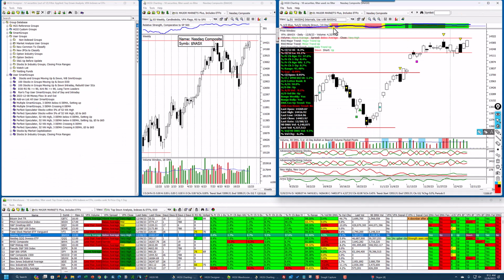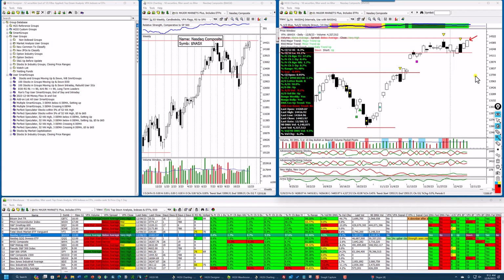I've got it up here. And you can see that what happened yesterday, I'll bring an arrow up here, is that it gapped down from the prior day's close. It looked awfully weak, but here's where it closed. And as I say in my daily reports, the close is what matters.